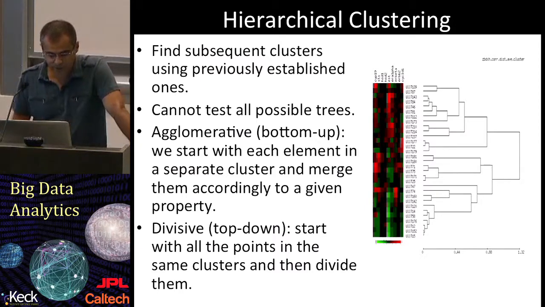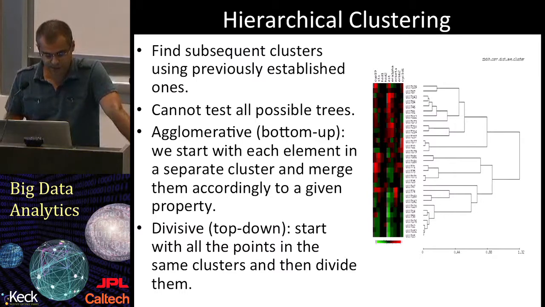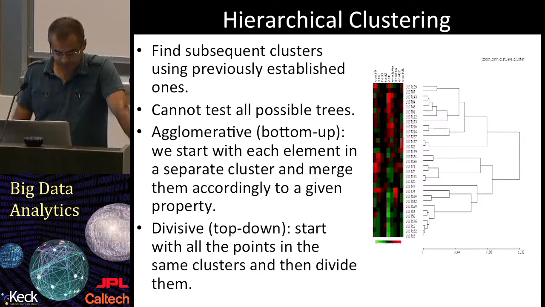That's why we need to use some heuristics, and we can further divide the hierarchical clustering algorithms in agglomerative or bottom-up and divisive or top-down. In a bottom-up approach, we start with each element in a separate cluster and then merge them according to a given property. On the contrary, with the top-down approach, we start with all the points in just one cluster and then start dividing them.